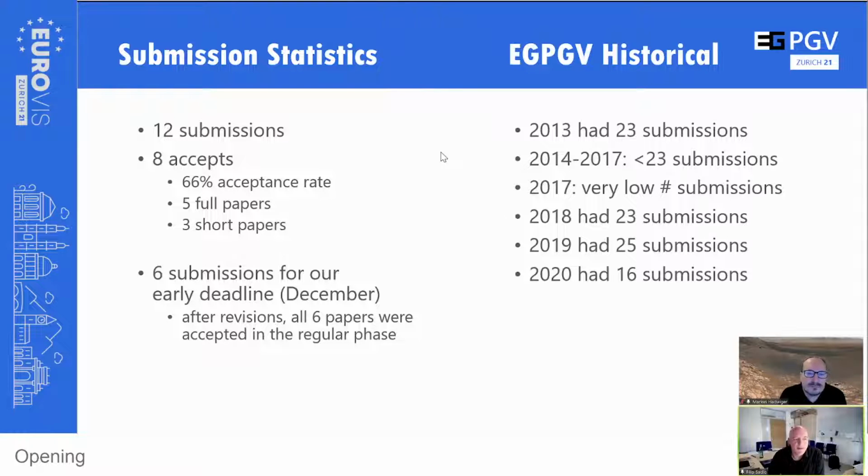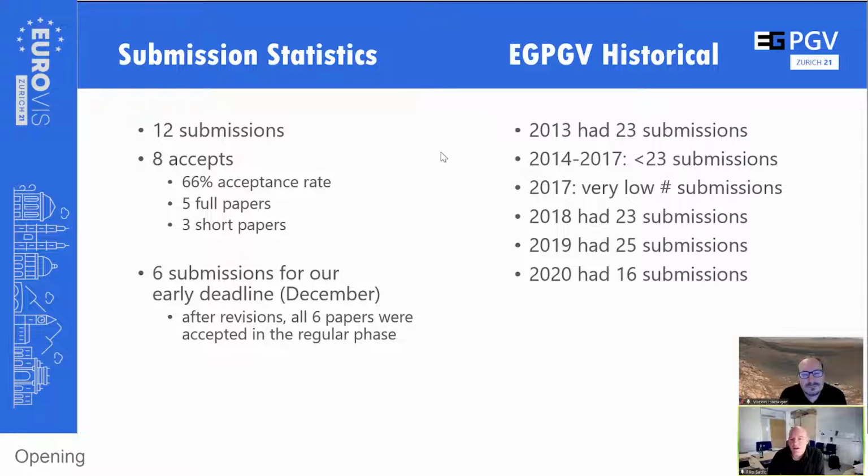Overall, as you see here, we had 8 accepts of the 12 submissions, leading to an acceptance rate of 66%, which made 5 full papers and 3 submissions accepted as short papers. I forgot to mention, we called for both full papers and short papers.